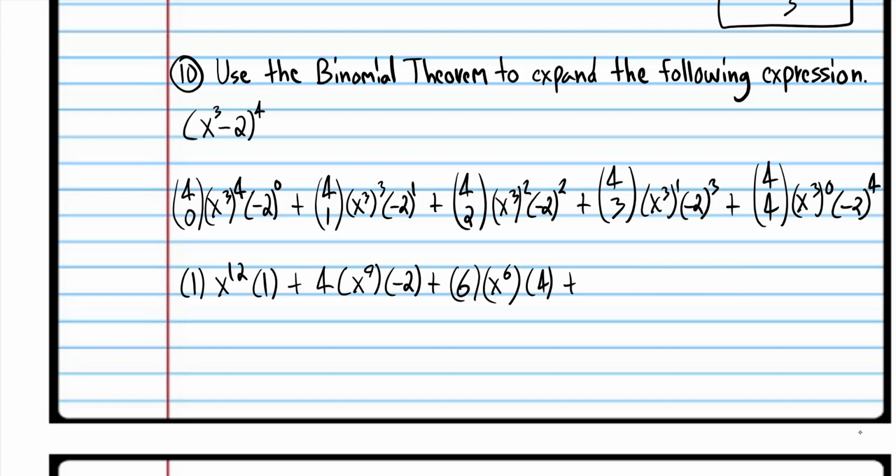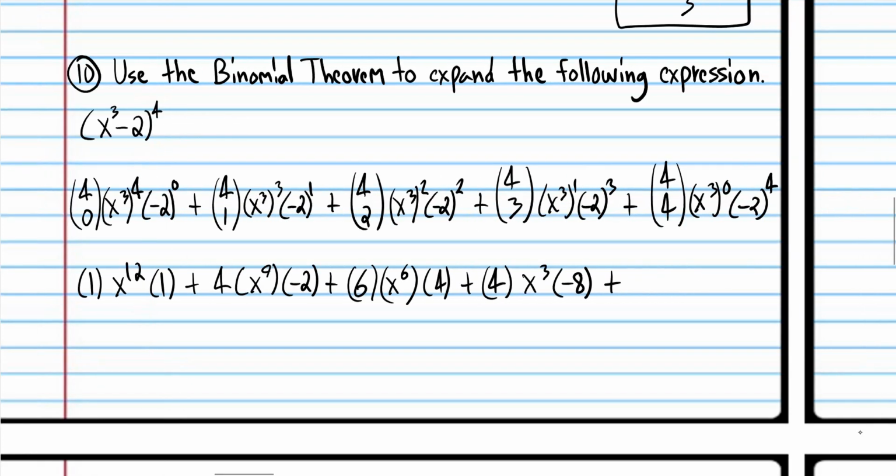There's 4 different ways that you can choose 3 things out of 4. Using exponent rule number 6, anything raised to the first power is just whatever that number is. Or you could use exponent rule number 5. Negative 2 to the third power is negative 8. How many ways can you choose 4 things out of 4? That's 1. Using exponent rule number 5, negative 2 to the fourth power is positive 16.